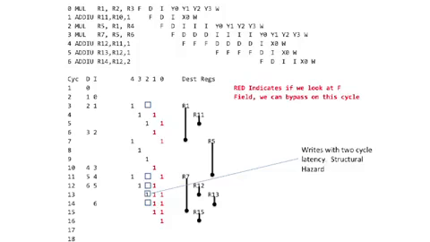Let's take a look at this and see how this pipeline diagram happens and notice a few things. First, let's take a look at some read after write hazards and what the pipeline has to do. Mul R5, R1, R4. This reads R1. Well, R1 is created by this multiply in instruction 0.